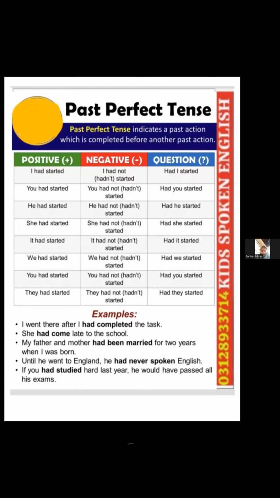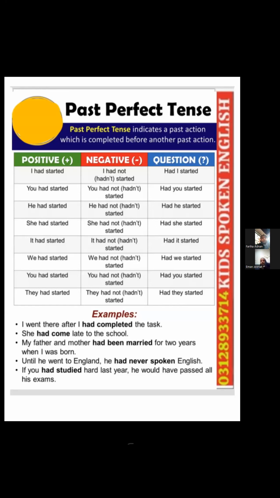So dear students, it is written here, past perfect tense indicates a past action which is completed before another past action. It means past in the past. Okay, so some examples are written here.